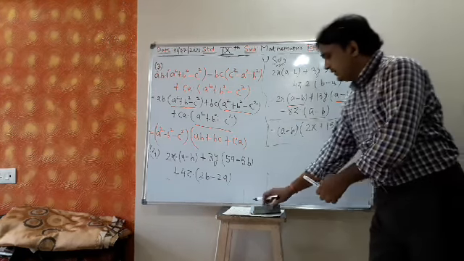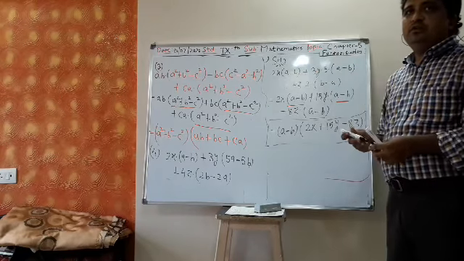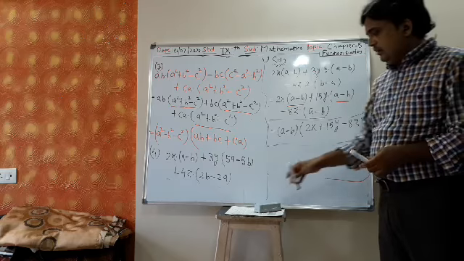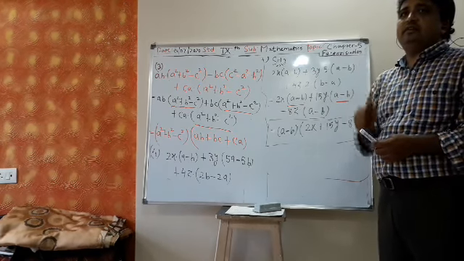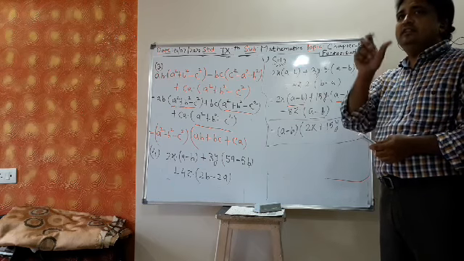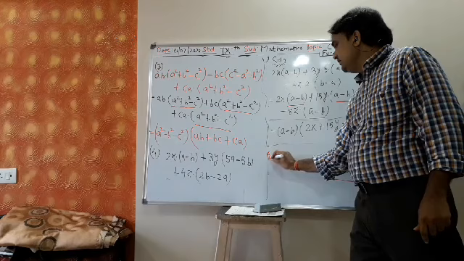So in all four problems, question numbers 1, 2, 3, 4, we have taken the common factor and then simplified. Now let us see question number 5 onwards.